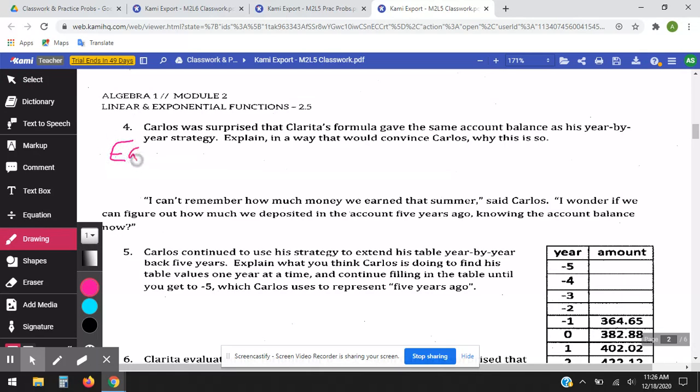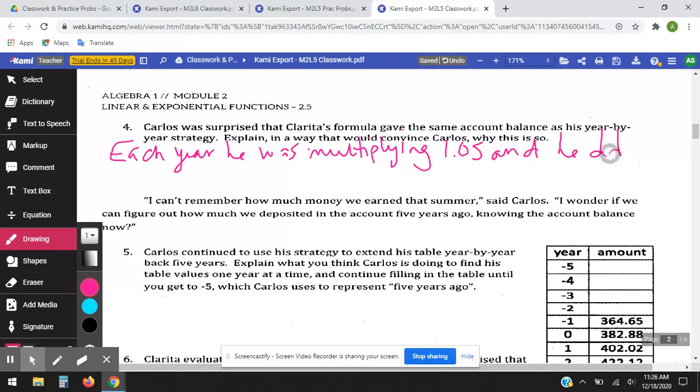Each year, he was multiplying by 1.05, so 105%, and he did it 5 times.